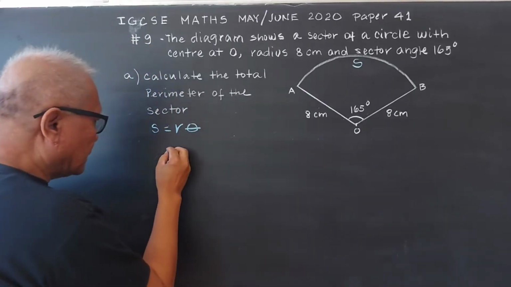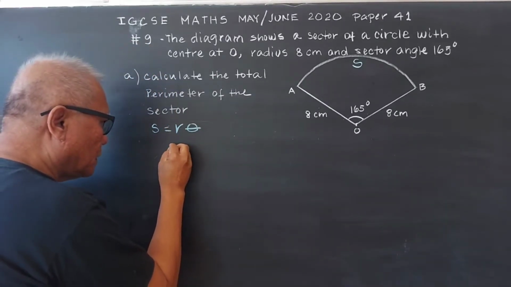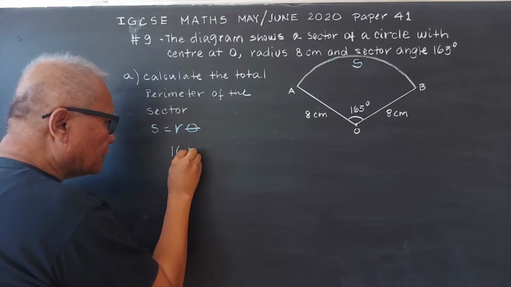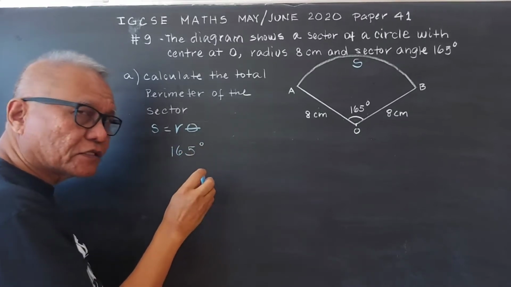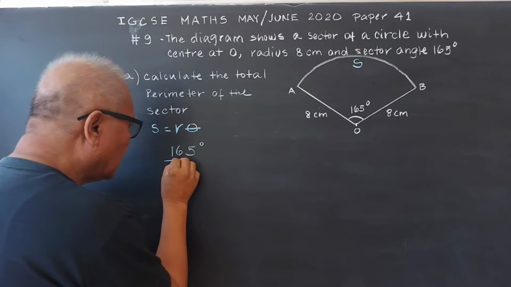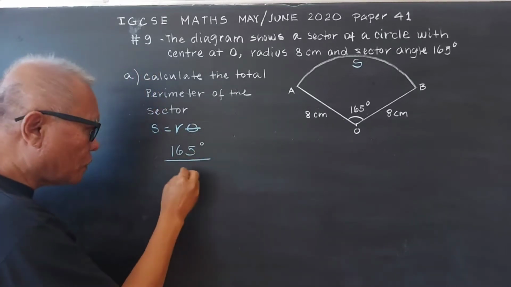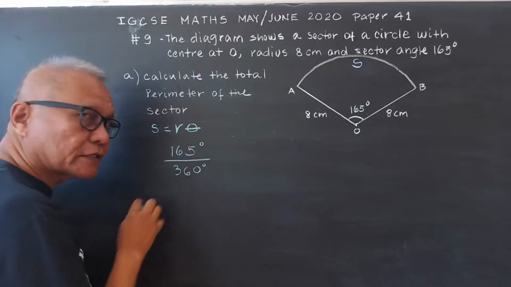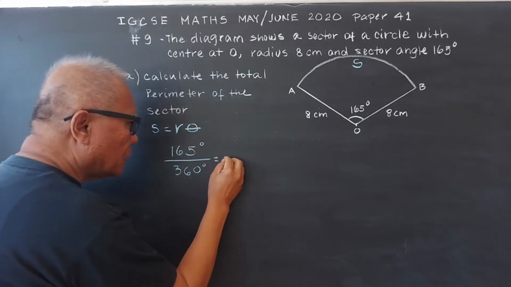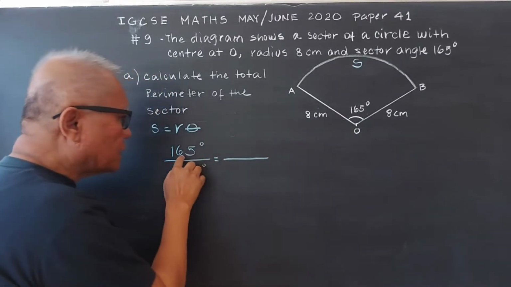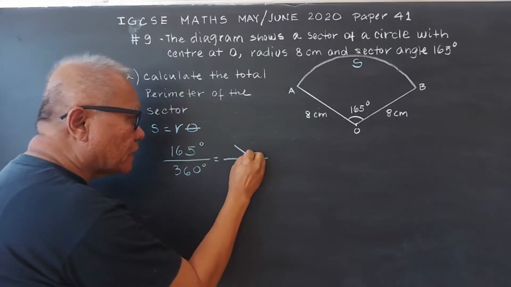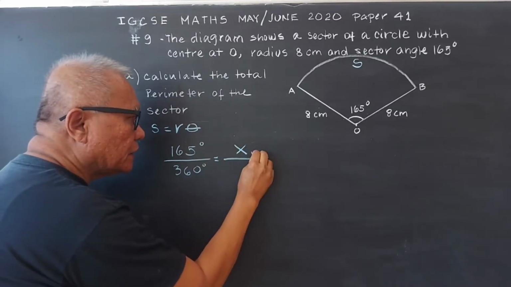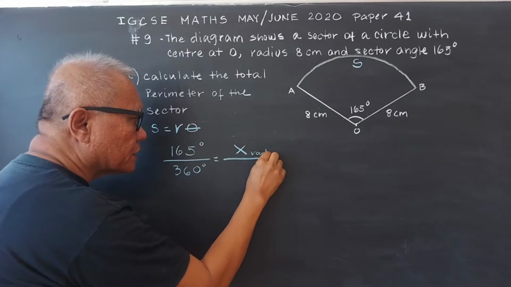For the theta, we have 165 degrees. This is ratio and proportion. Part of the whole, 360 degrees, is equal to, what is this 165 degrees in radians?